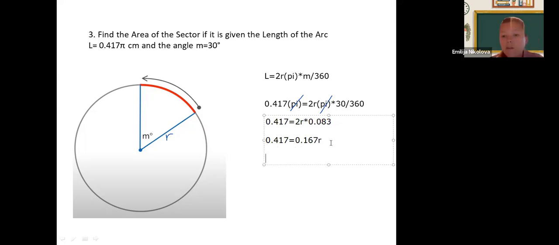So now, in order to find r, what I need to do is divide by this number on both sides. So I need to divide by 0.167 on both sides. So we will get that r will equal 2.5.